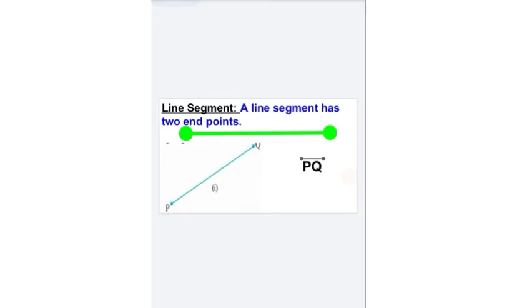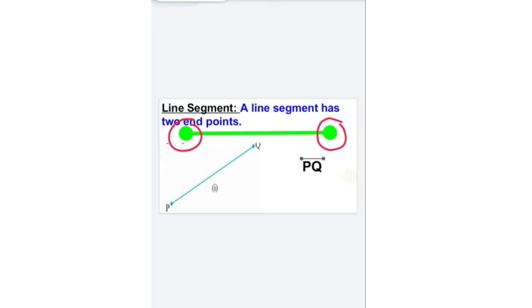Line segment. Now, a line segment is very familiar to all of us. We know a line segment has two endpoints. That means there is a line and it has both the endpoints, which means no endpoint can be extended.